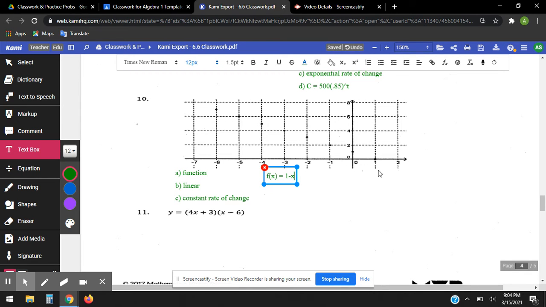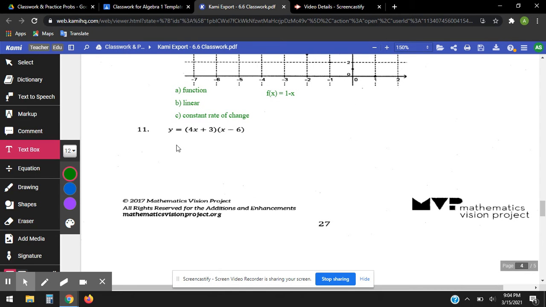Down 1 over 1, down 1 over 1, down 1 over 1. So that looks like that would be my function in this case, because 1 minus, if I put in, 1 minus a negative 1 would be 2. 1 minus a negative 2 would be 3. So yeah, that looks like it works.